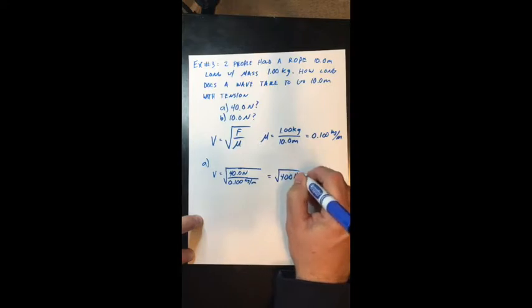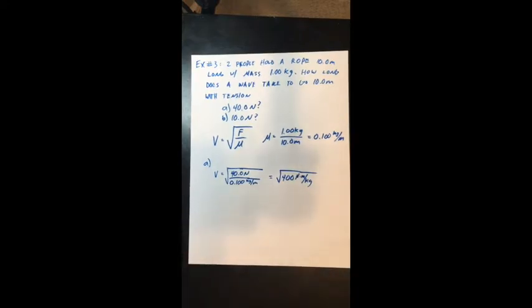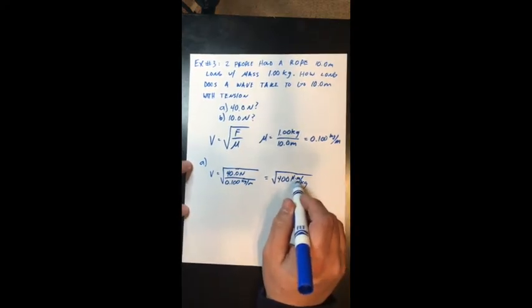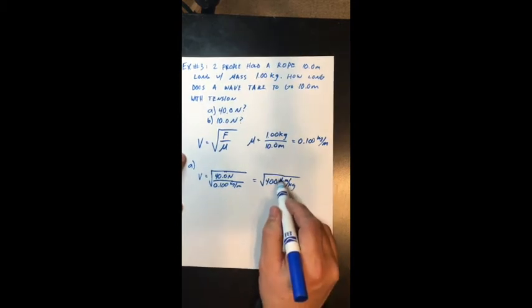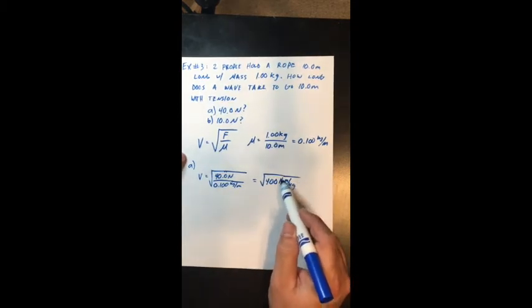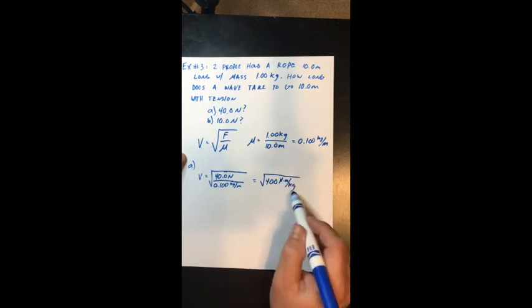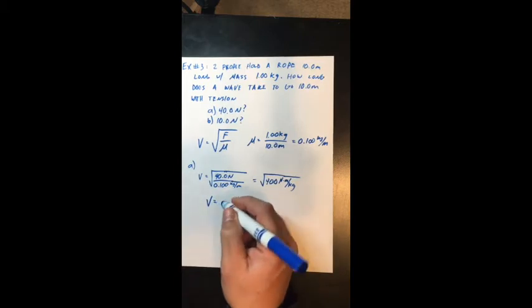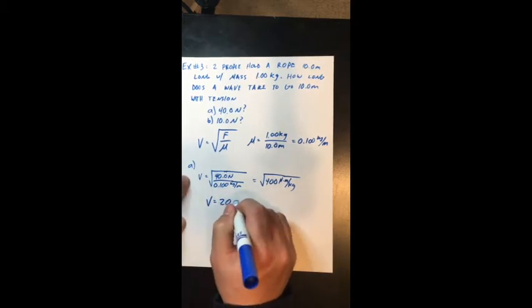It's really like Newton meters per kilogram is what it works out to be there. But then when we take the square root, because of what's inside that newton, remember what newtons are: kilograms times meters per second squared. So when we take the square root of that, the squared on the seconds goes away, the kilograms cancel out. We end up with V equals 20.0 meters per second.